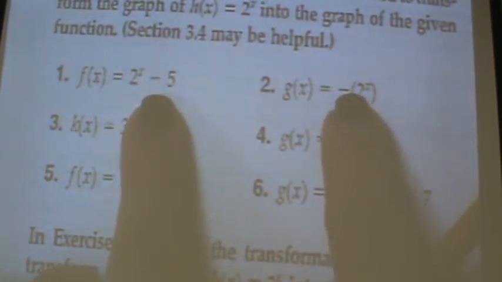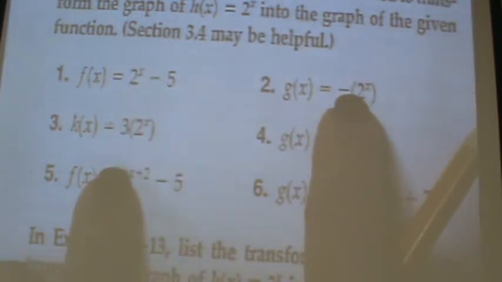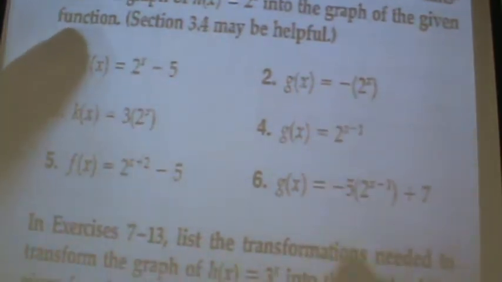What's the next one? Reflection over the x-axis. And so forth. And then the last 14, 15, 16, 17, and 18, you're gonna do exactly how we just did that last problem. You're gonna put your parent function in here and then do all your transformations. So do it in order, A, B, C, D.